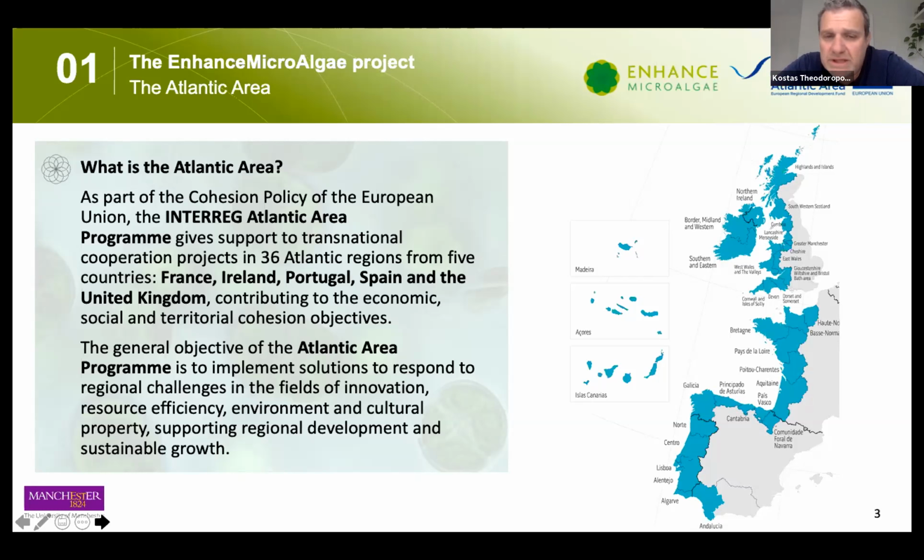And the idea is to contribute to the economic, social, and territorial objectives of cohesion between these countries and this area. The Atlantic Area Program aims to implement solutions to respond to regional challenges in innovation, efficiency of resources, environment and cultural property, and the main goal, of course, is to support development and sustainable growth of these regions.